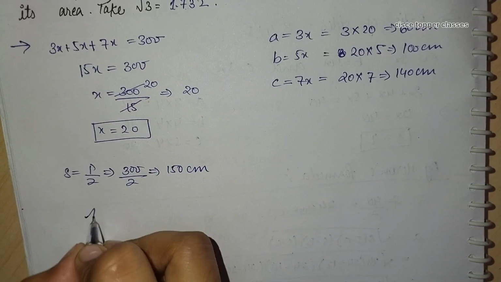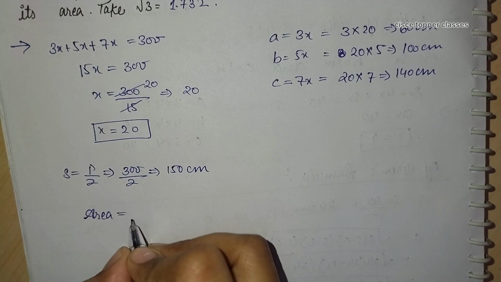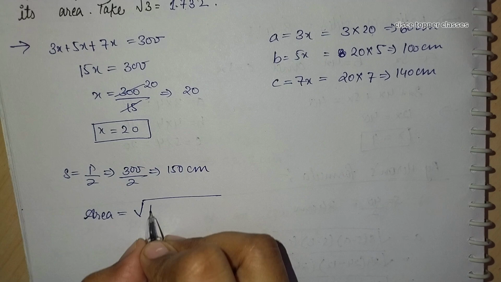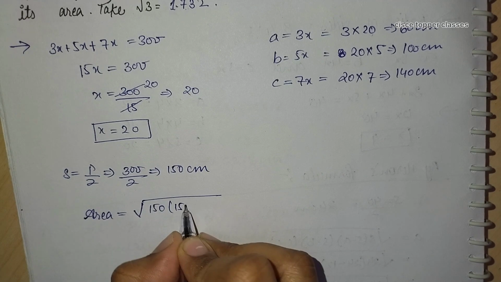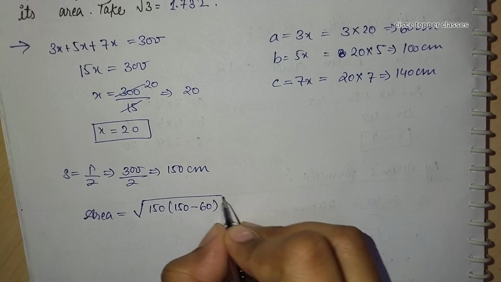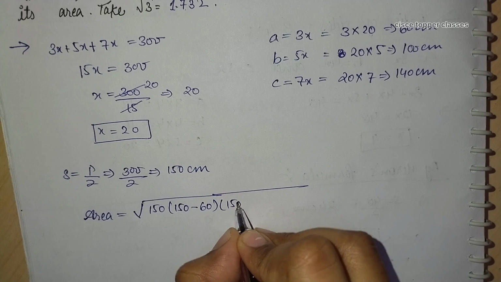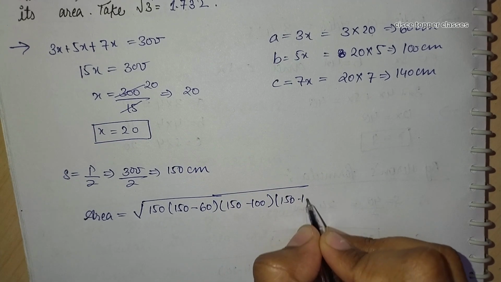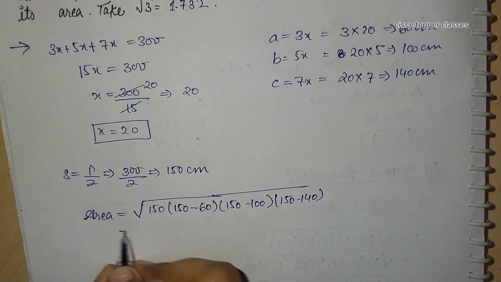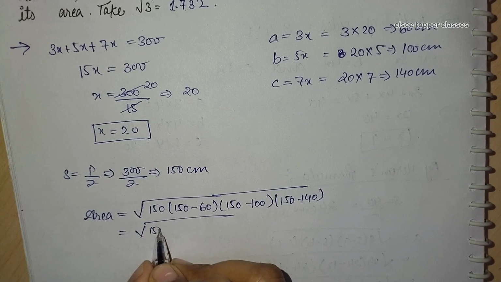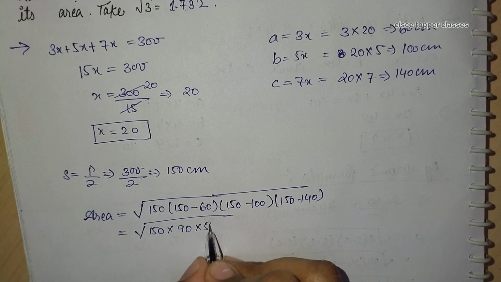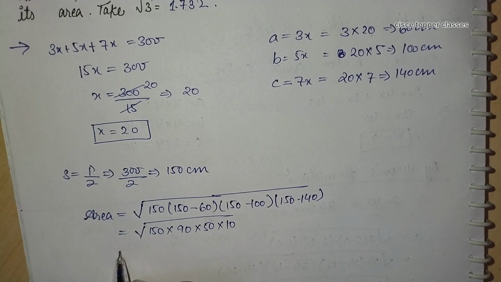Now from that we can find the value of area by Heron's formula, under root s into s minus a, s minus b, s minus c. So 150 minus first side 60, again 150 minus 100, then 150 minus 140. So this will be 150 into 90 into 50 into 10.